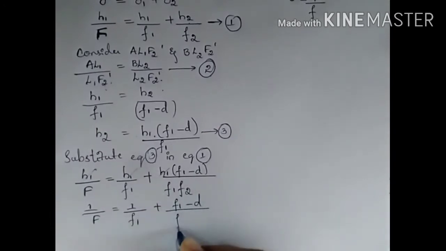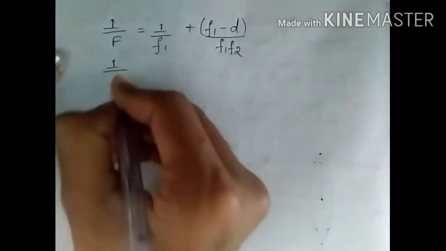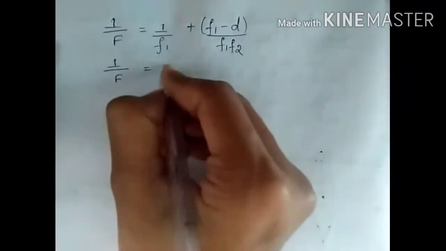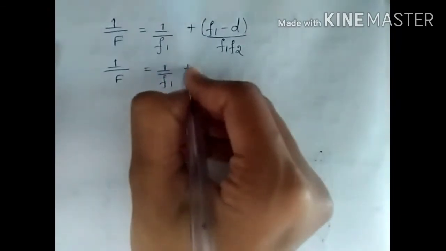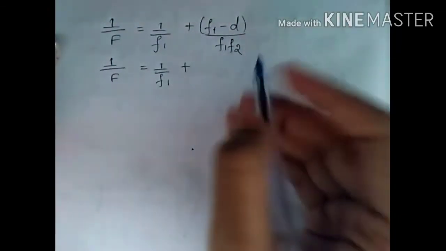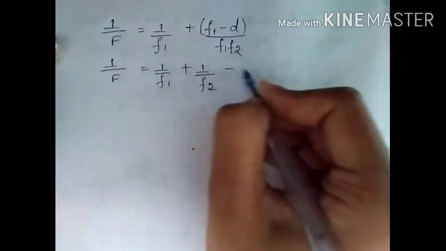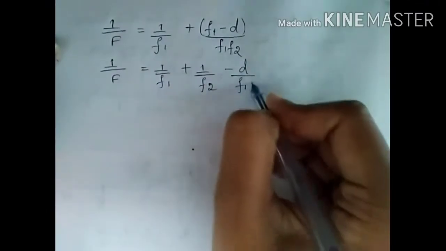If you rewrite this equation, 1 by f is equal to 1 by f1 plus f1 divided by f1 f2 minus d divided by f1 f2. So f1 f1 will get cancelled. What remains is 1 by f2 minus d divided by f1 f2.